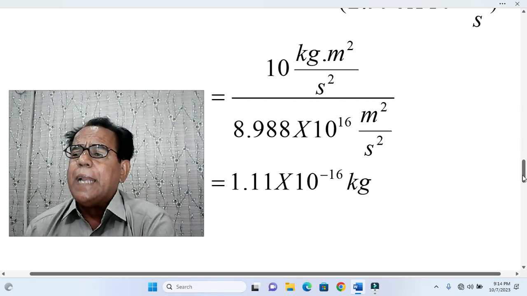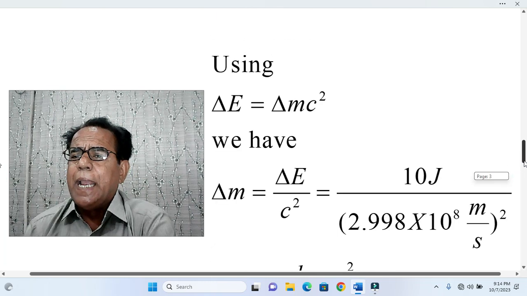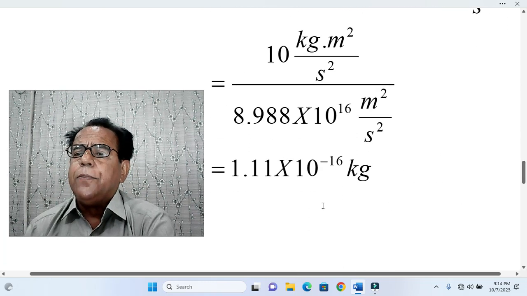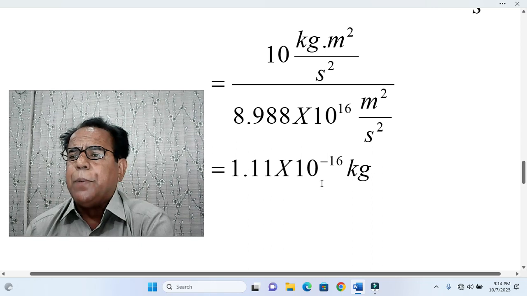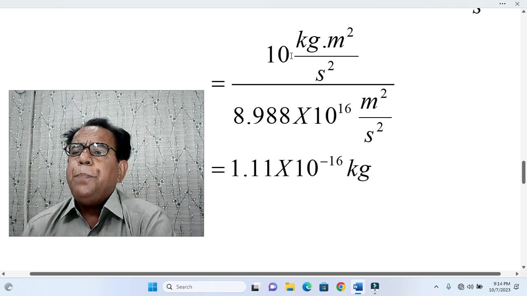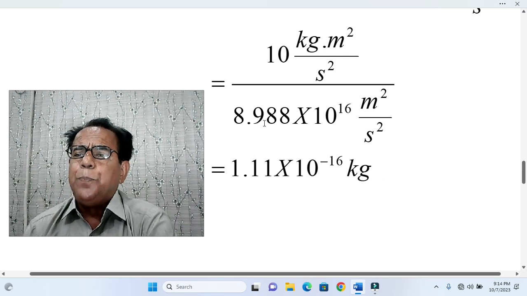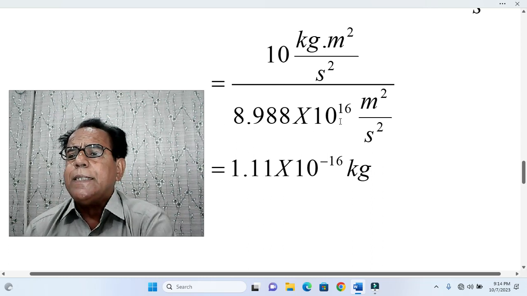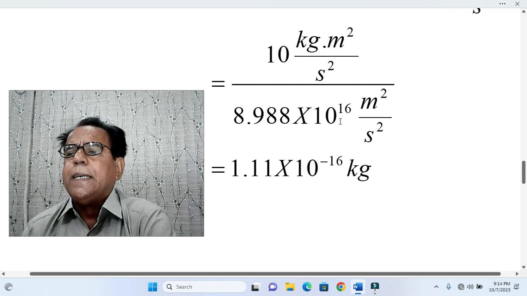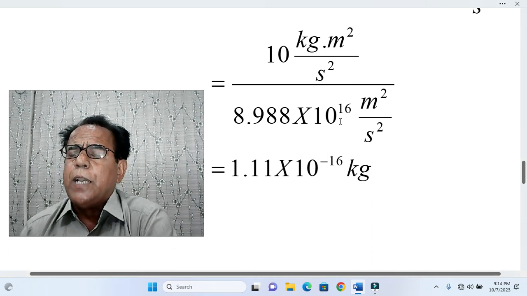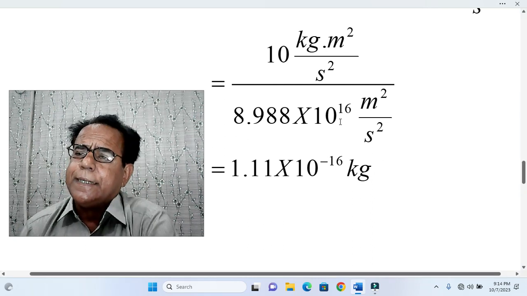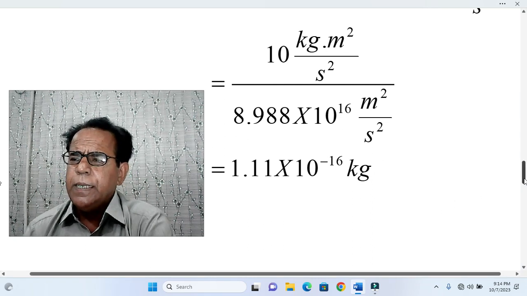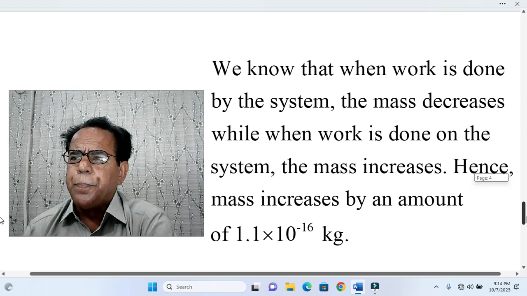Hence our delta m will become equal to 1.11 into 10 raised to the power minus 16 kilogram, because when we divide 8.988 by 10, it becomes 1.11. Moreover, 10 raised to the power 16 is in the denominator, and when it is shifted to the numerator, it becomes minus 16. So this is the end of our problem.